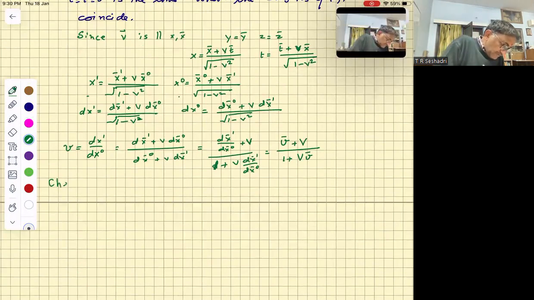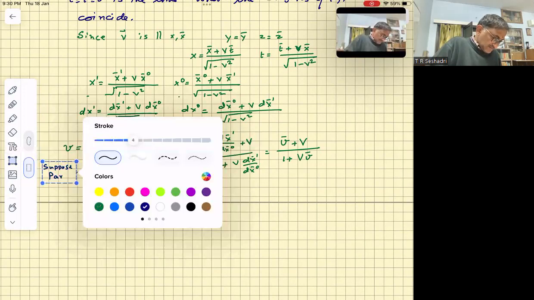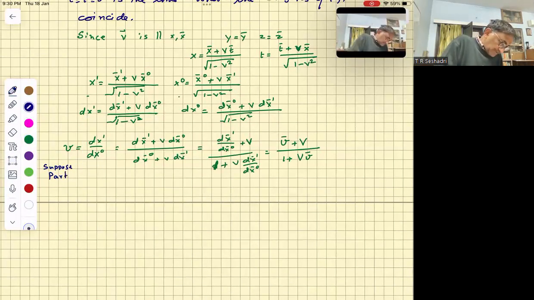Now there is a check which we can do. Suppose a particle, a massless particle, is traveling at the speed of light in the K bar frame.